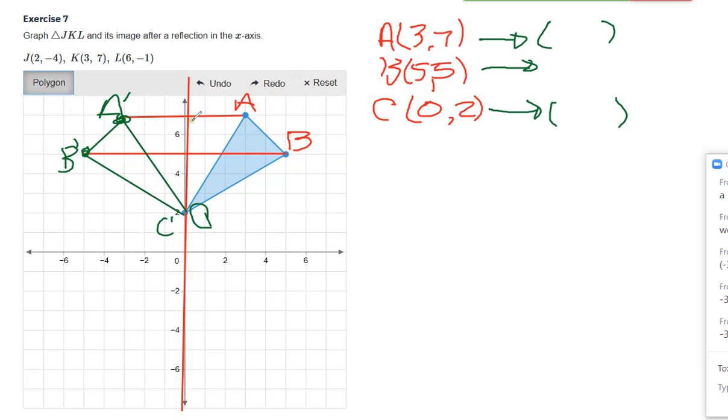It goes over the opposite direction, right? So the x switched to -3. B prime, instead of going to +5, 5, went to -5, 5, just like Esmeralda wrote. 0, 2, of course, stayed right here.